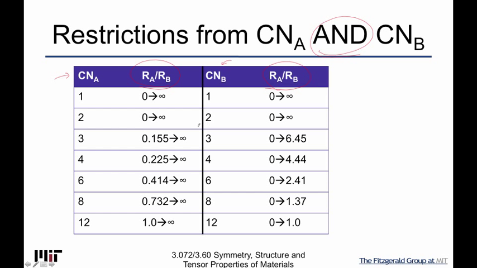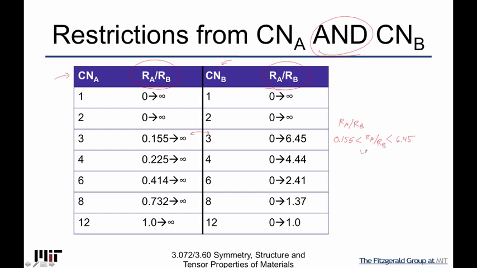For example, let's imagine we wanted the coordination for A and B both to be 3. The conclusion there is that RA over RB has to be greater than 0.155 but less than 6.45.